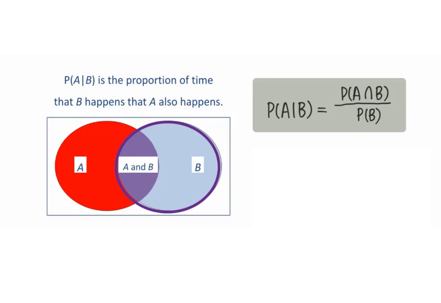Now, event B has occurred, so we are within this circle, and then what is the probability that event A has also occurred? Since event A shares this region with event B, the probability of event A occurring given that event B has occurred will be the ratio of the probability of the intersection of A with B divided by the probability of B.